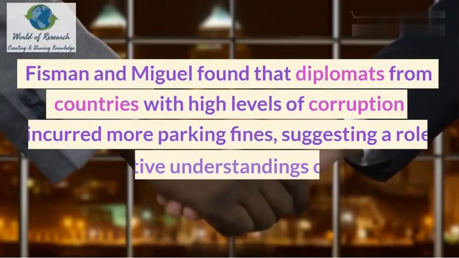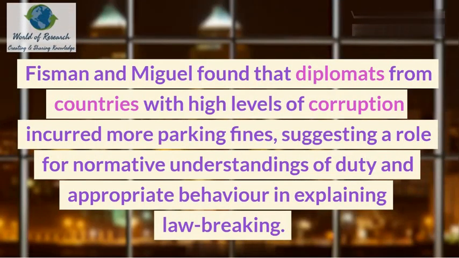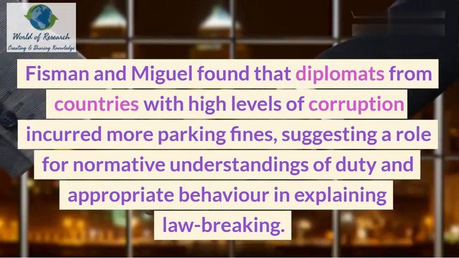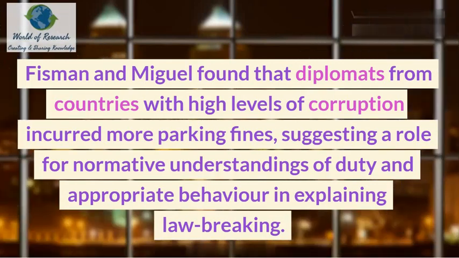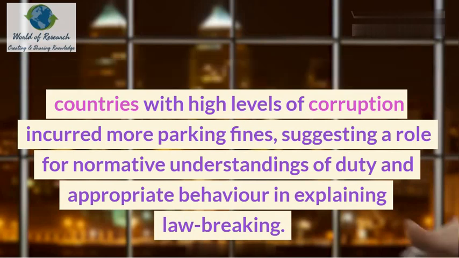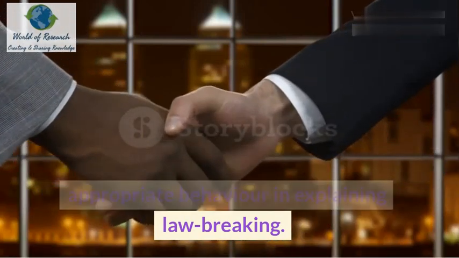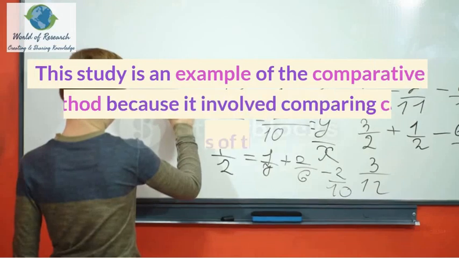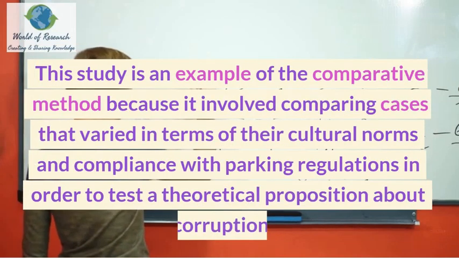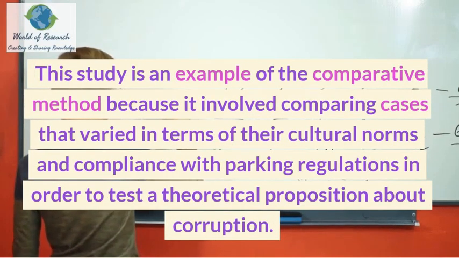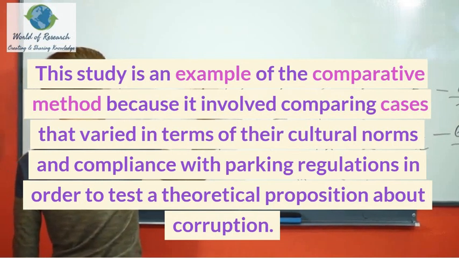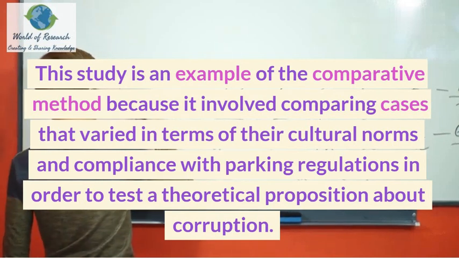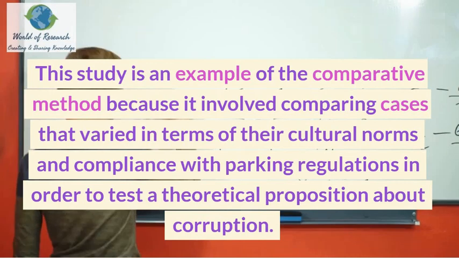The authors found that diplomats from countries with a high level of corruption incurred more parking fines, suggesting a role for normative understanding of duty and appropriate behavior in explaining law breaking. This study is an example of the comparative method because it involved comparing cases that varied in terms of their cultural norms and compliance with parking regulations in order to test a theoretical proposition about corruption.